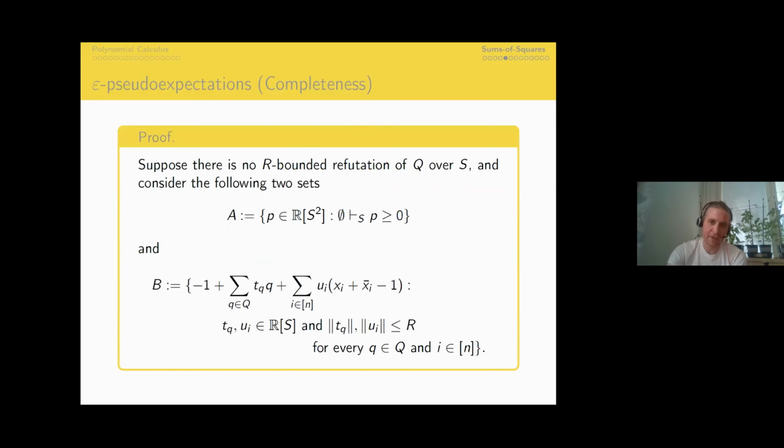Second, polynomials of the form -1 plus some lifts of the axioms plus some lifts of the complementarity axioms, where the coefficients are not too large. With the assumption that there's no R-bounded refutation of Q over S, these two sets are disjoint.